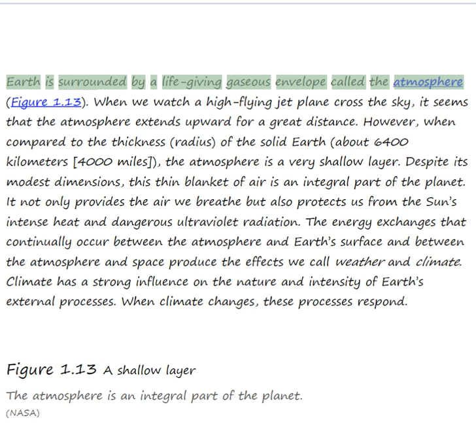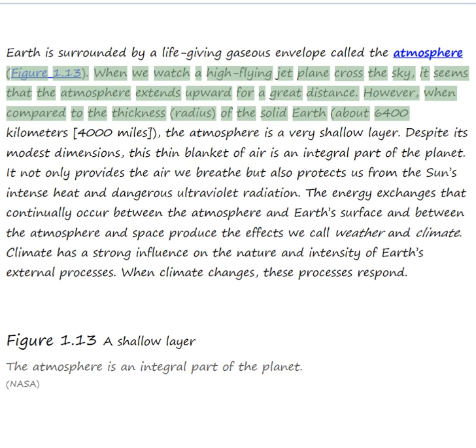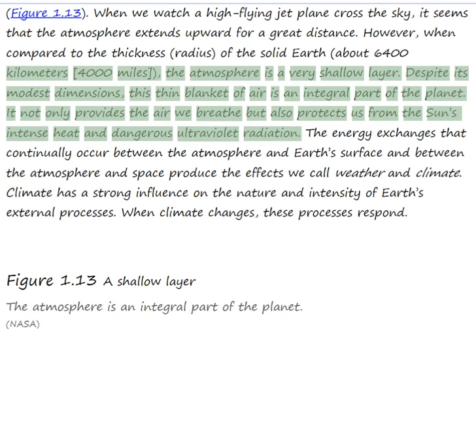Atmosphere. Earth is surrounded by a life-giving gaseous envelope called the atmosphere. When we watch a high-flying jet plane cross the sky, it seems that the atmosphere extends upward for a great distance. However, when compared to the thickness of the solid Earth, about 6,400 kilometers, the atmosphere is a very shallow layer.